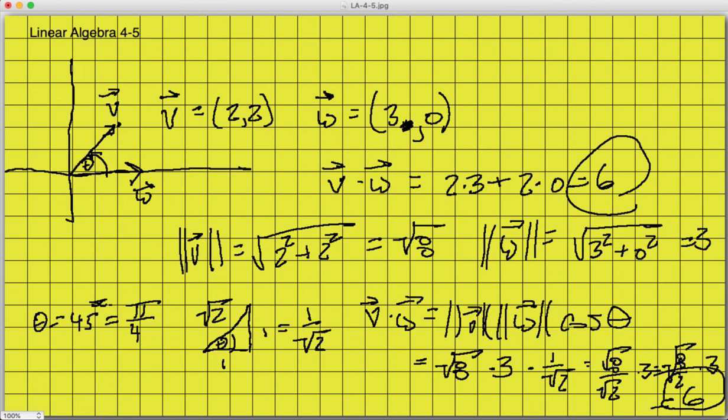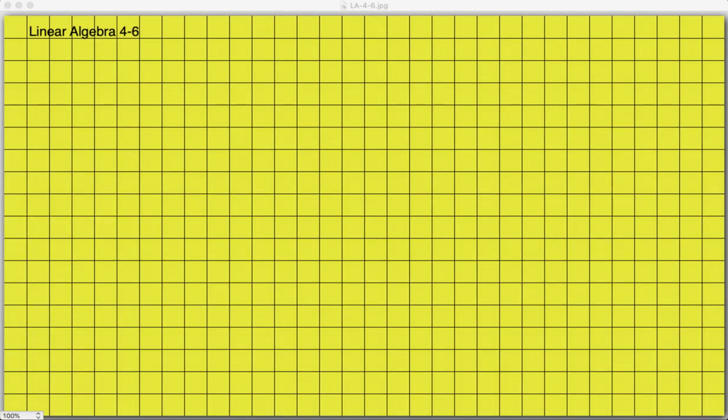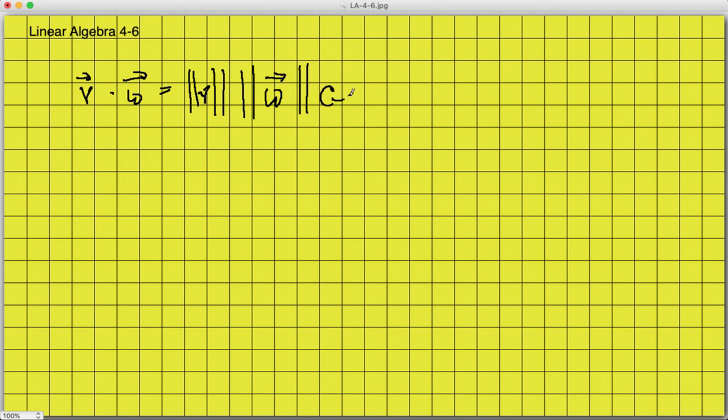So again, what I want to emphasize here is that V dot W is equal to the magnitude of V times the magnitude of W times the cosine of theta, where theta is the angle in between them.